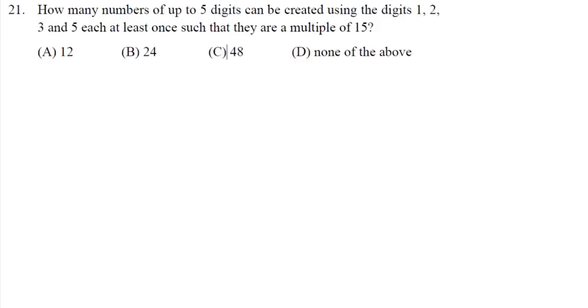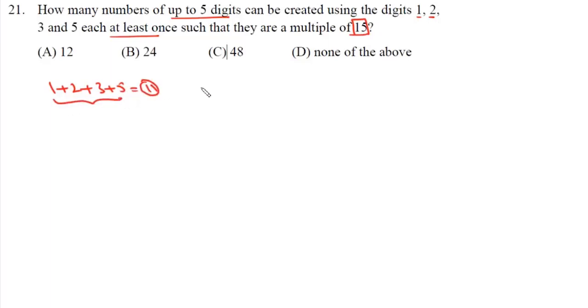Now question number 21 is, how many numbers of up to 5 digits can be created using the digits 1, 2, 3 and 5 each at least once, such that they are a multiple of 15. Now if they are a multiple of 15, they have to be divisible by 3 as well as by 5. Now if we look at these 4 numbers 1, 2, 3 and 5, since each of them is present at least once, their sum is 11.